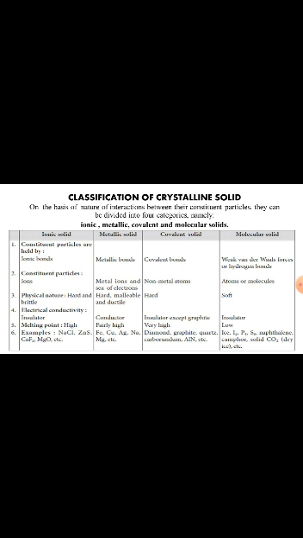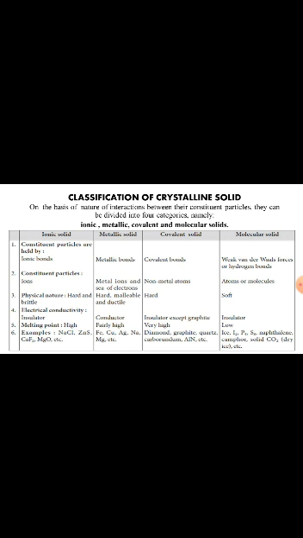Examples of covalent solids: diamond, graphite, quartz, SiO2, carborundum, silica, silicon, AlN, carborundum SiC, boron nitride, BN. These are the common examples of covalent solids.